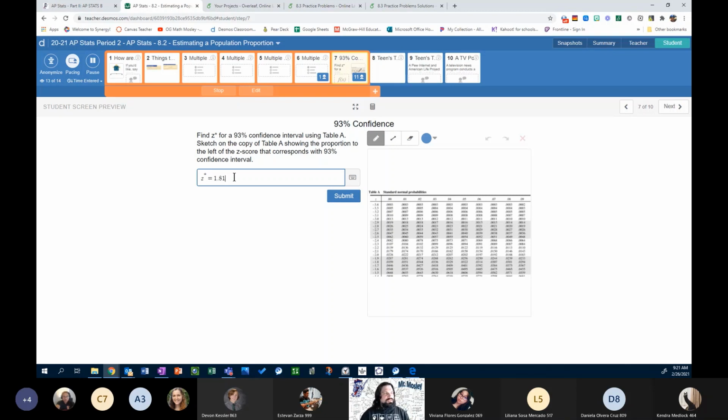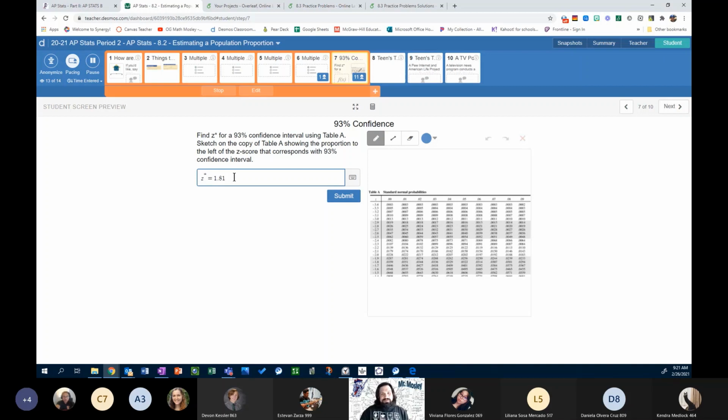Remember, when we're dealing with the critical value, Z star, we take it as a positive number, or think of it as like an absolute value. I'm interested in the distance and not necessarily whether it's positive or negative, because I'm almost always going to be looking for this value using the negative side of table A. So Z star is going to be positive, and then we use it that way because we're going to take that critical value and multiply it by the standard error, and then that number is going to be added and subtracted to p hat.